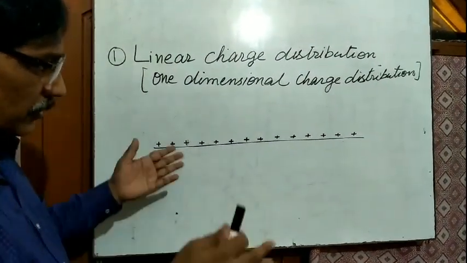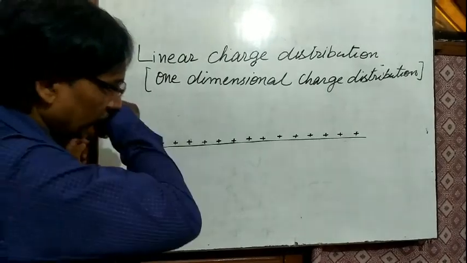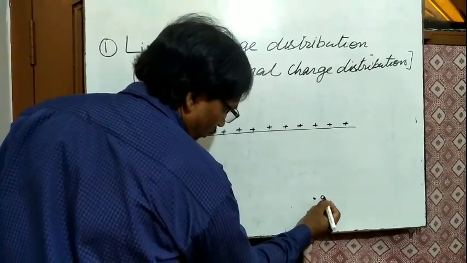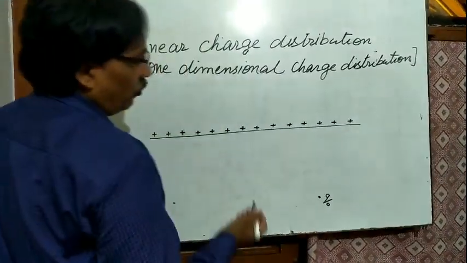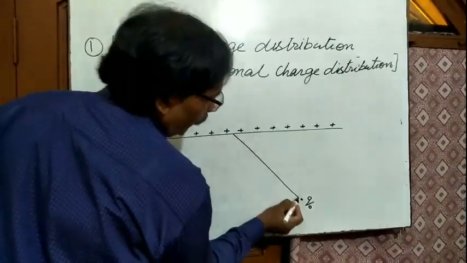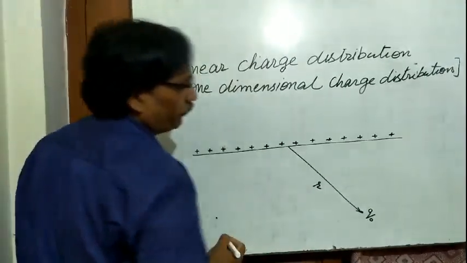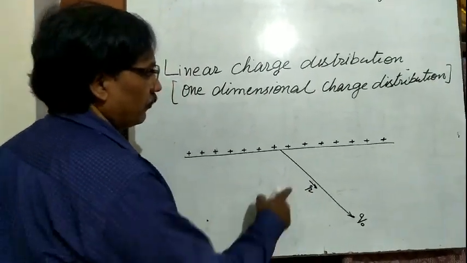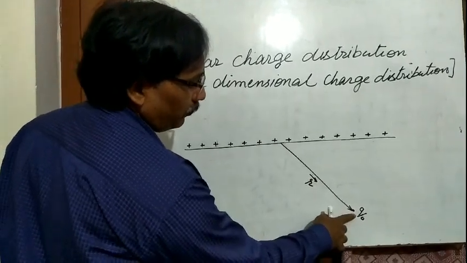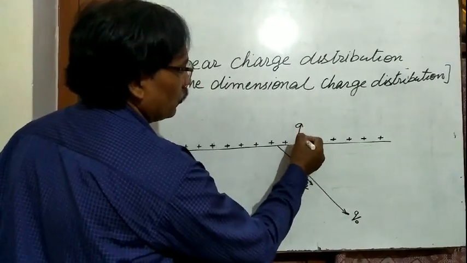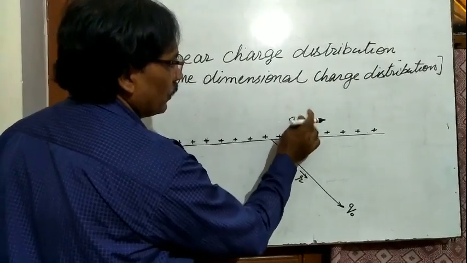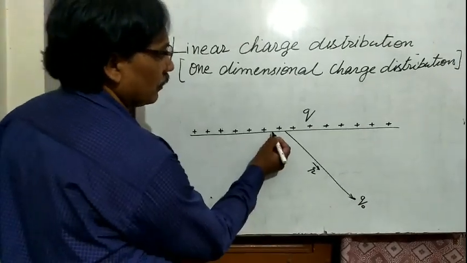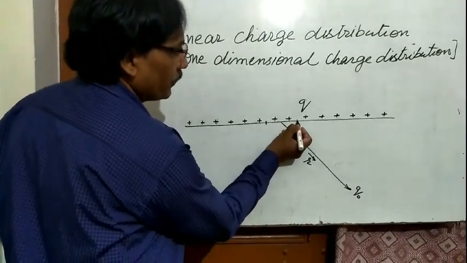Total charge is Q and length is L. And we want to find force on this charge. Suppose here we have a charge Q naught, which is at distance R from here. This distance is R. You can denote it by a position vector R. We want to find the force acting on this charge due to this distribution of charge. The Q charge is distributed on length L. For this, we will consider a small length of this wire.